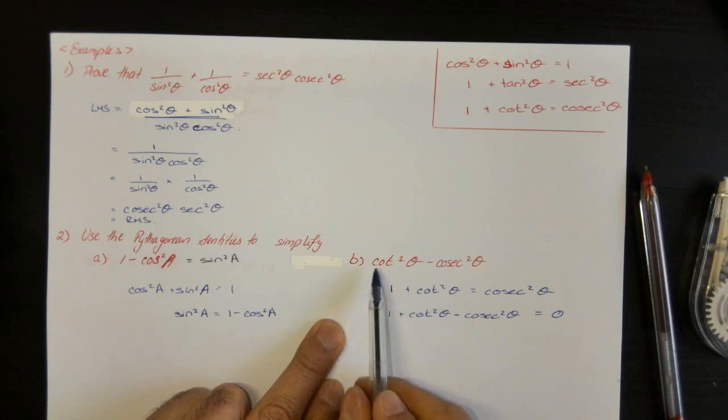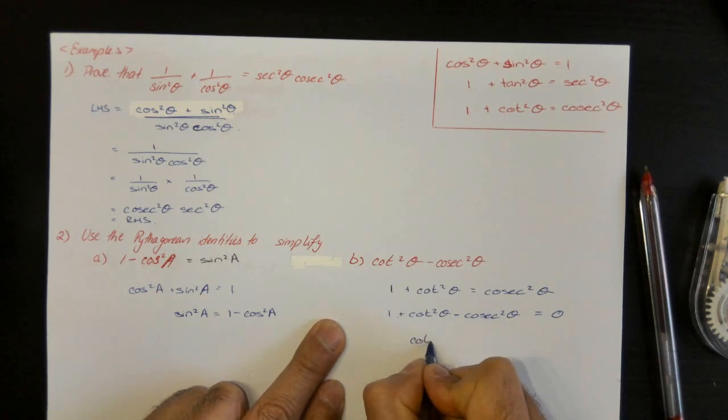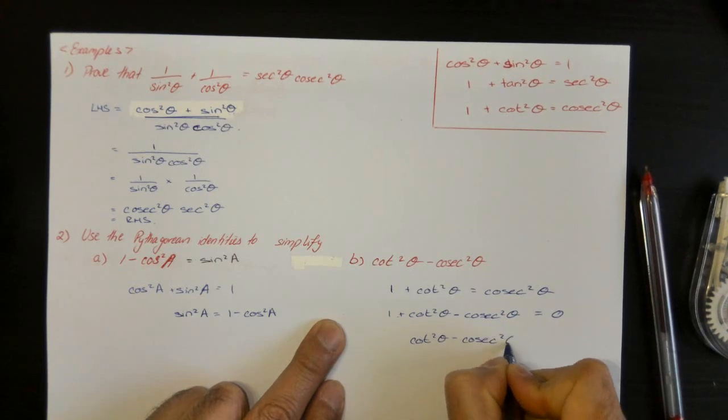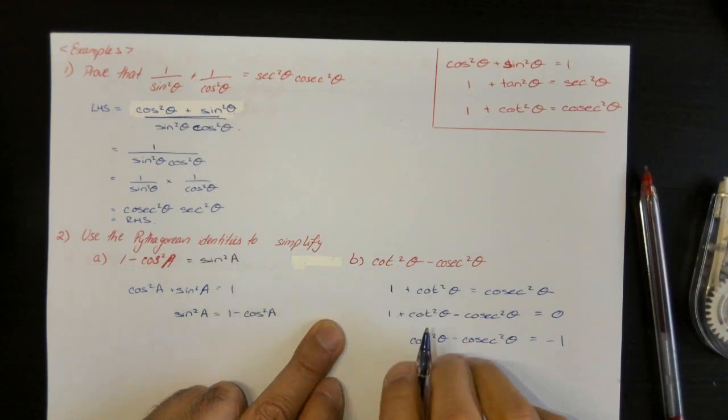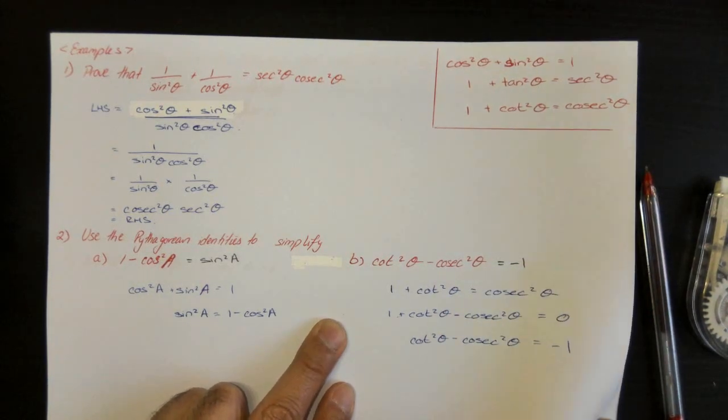I want to keep this on the left-hand side, and take that constant to the other side. So I subtract 1 from both sides, and I get negative 1. So the solution to this problem is negative 1.